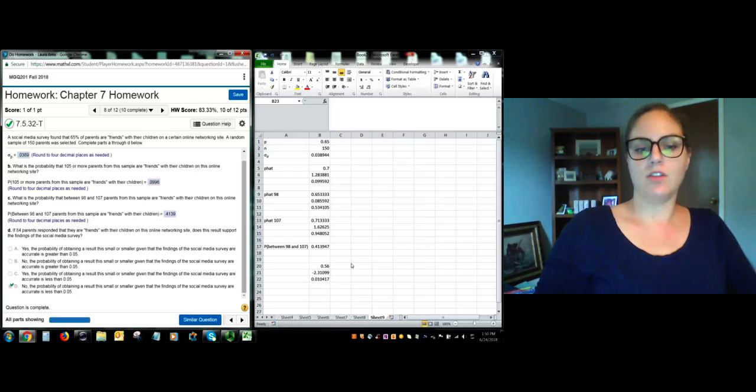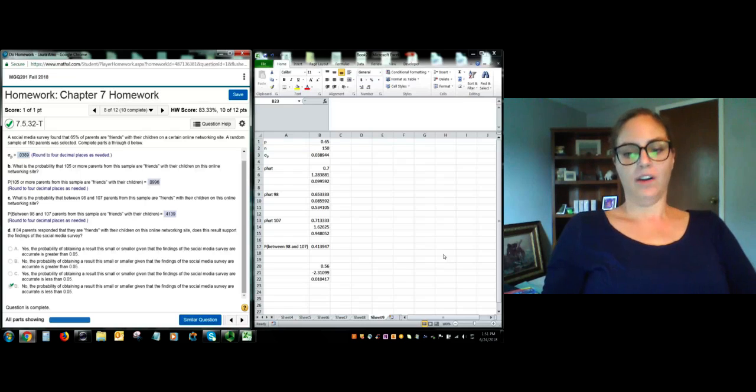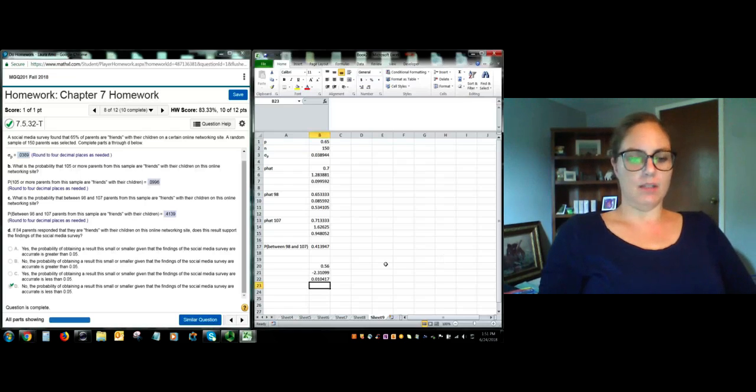But 0.05 is usually less than 5% of the time this is going to be the case, and in this case it's about 1% of the time. So that's the last answer. Note that if you get a probability that is greater than 0.05, then you would say yes, it does fall within the realm of possibilities.